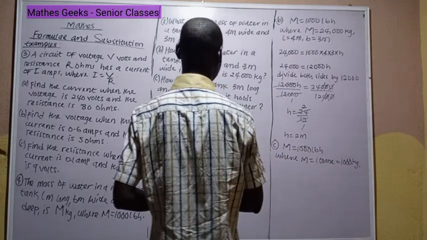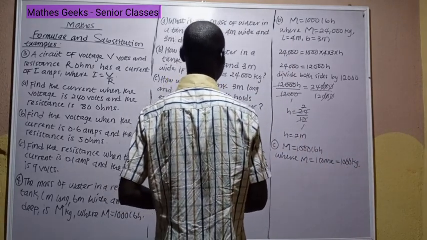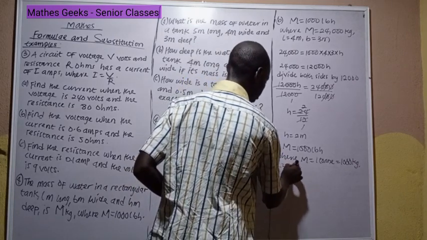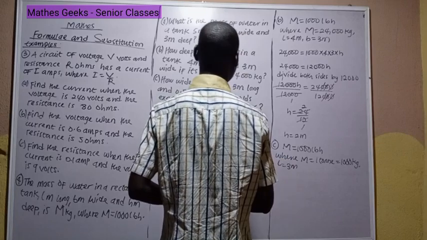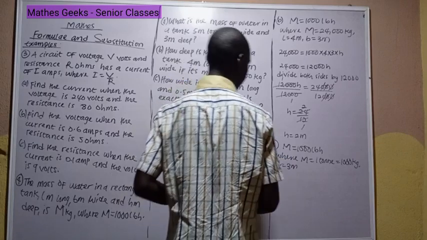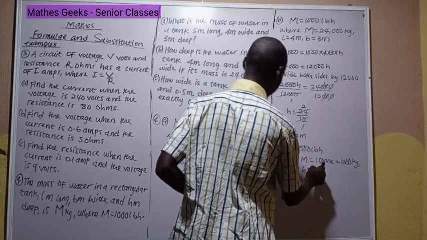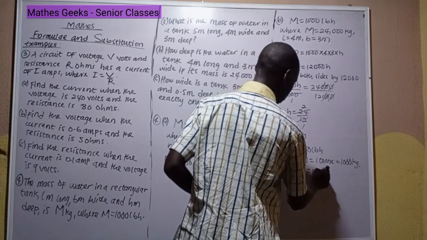Then what else is given to us? Length is 3 meters, and depth h is equal to 0.5 meters.